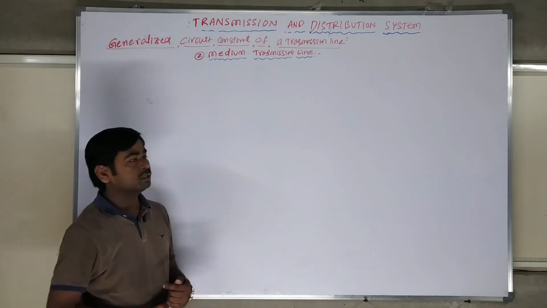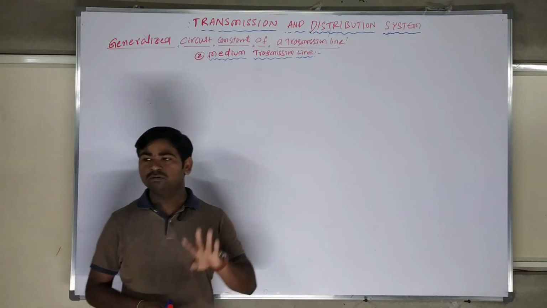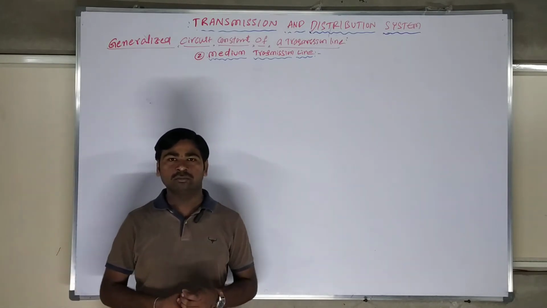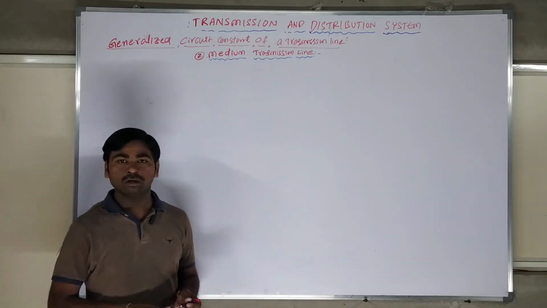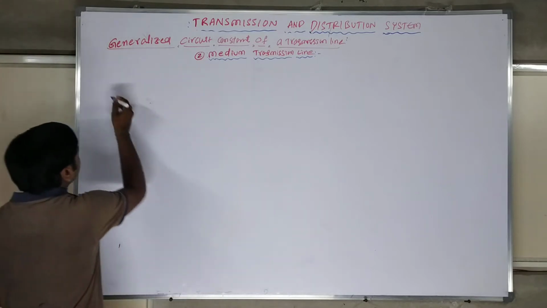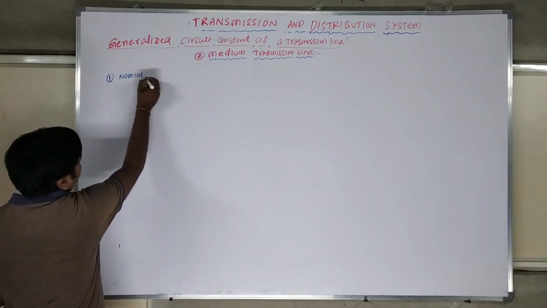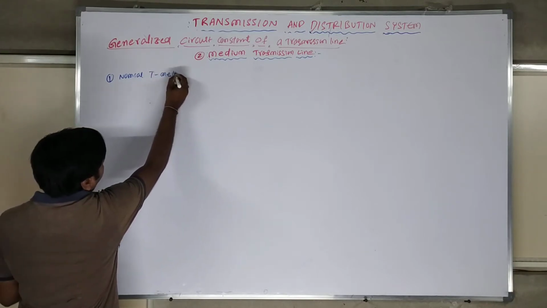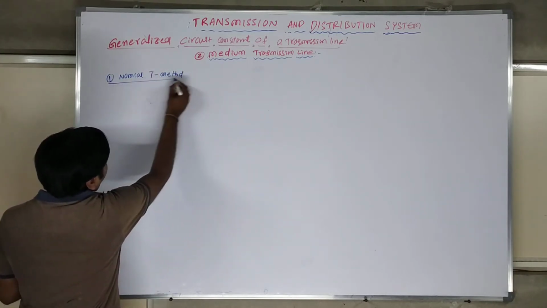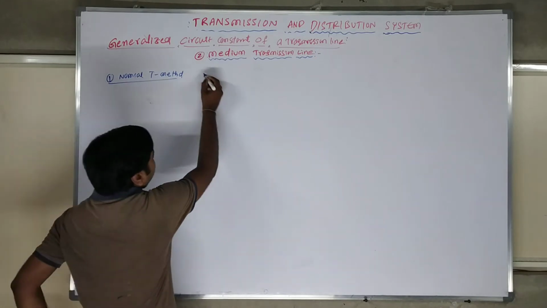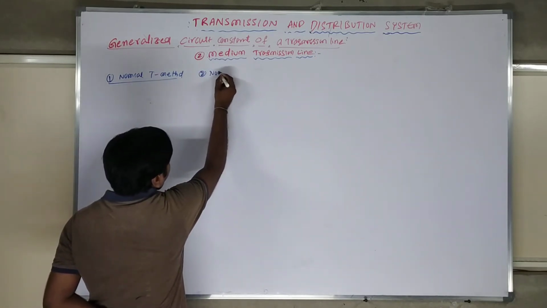In the medium transmission line, as I have already discussed, we have four methods to calculate. Number one is the nominal T method. Second is the nominal pi method.